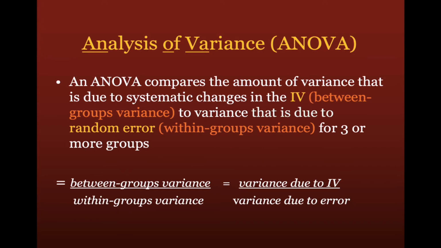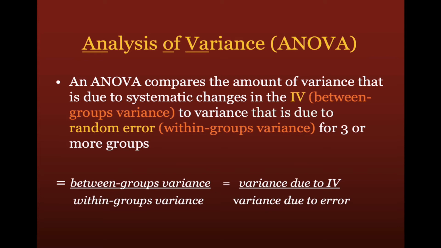Analysis of variance compares the amount of variability that is due to systematic changes in the independent variable. Like our t-test, that's the differences between our groups, so the mean differences between your groups, and comparing that to the variance that's due to random error. That's our within group variability. You can think of random error as any variability that you can't attribute to the independent variable.